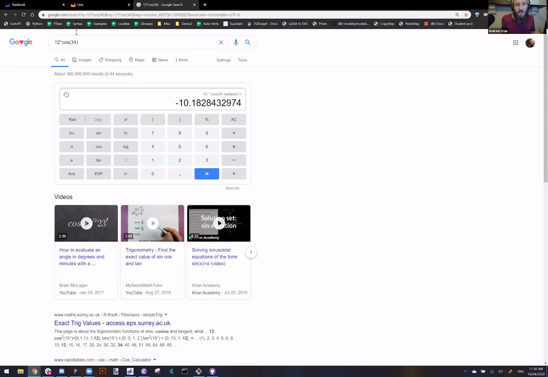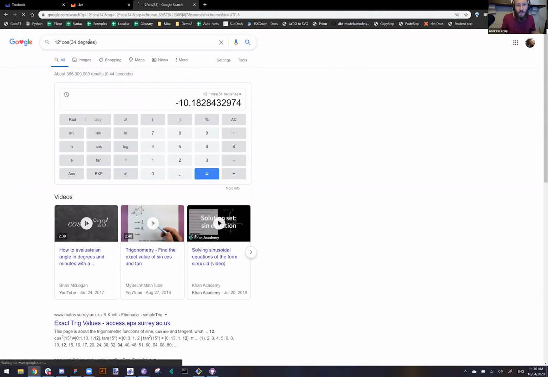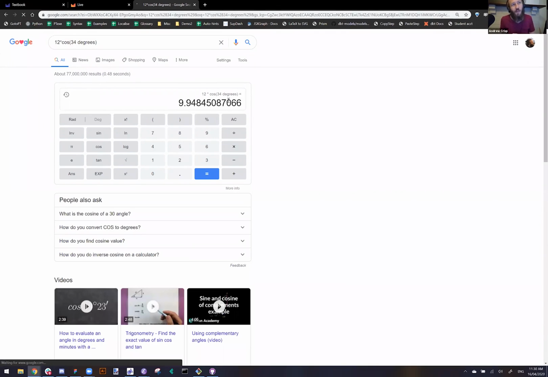Oh, it's giving me radians. Okay, I'll write in degrees. You might say to yourself, what's radians? Don't worry. If it says radians, I'm sure you've had it on your calculator. Everyone has a different model of calculator and everyone has to change it out of radian to degree mode. But just make sure that it says degrees if you're ever using the Google calculator, or maybe your calculator does degrees, but the way I could tell that was wrong is because it was giving me a negative answer.